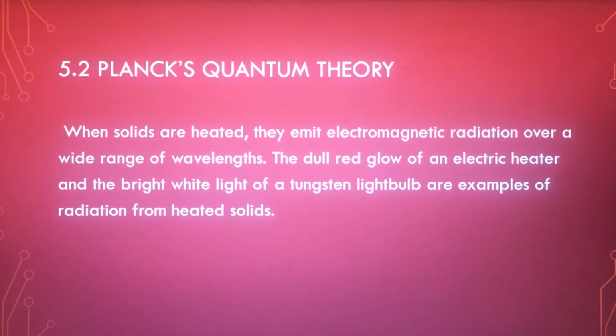Or for example the light bulb, after the switch is opened for a few minutes, the light bulb becomes hot because there is a transfer of energy from the tungsten wire inside the light bulb to the surroundings. So this is the theory by Planck.